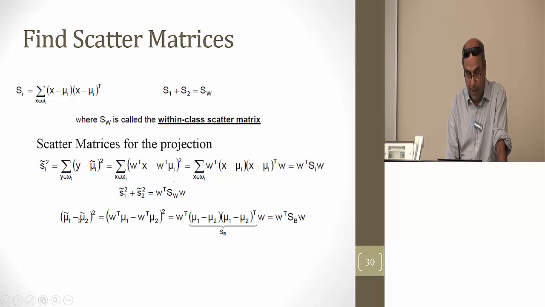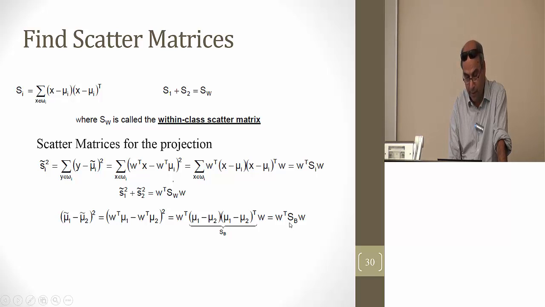Then we look at the distance from the mean, as we did before. So we want to maximize the distance from mu1 to mu2 in the projected space, with the projected space defined by this, and simplify this. So W can be common, and we have mu1 minus mu2 times its transpose.